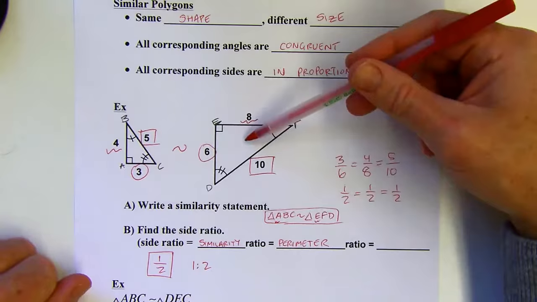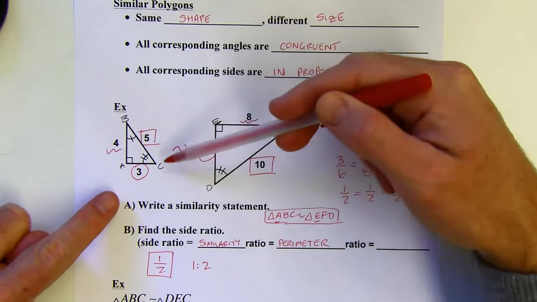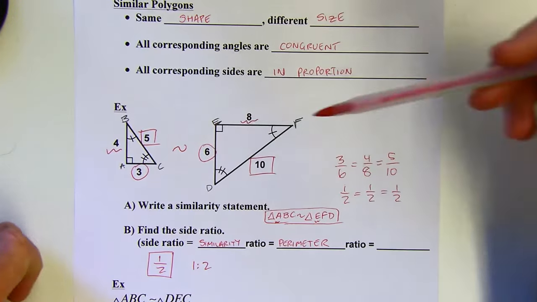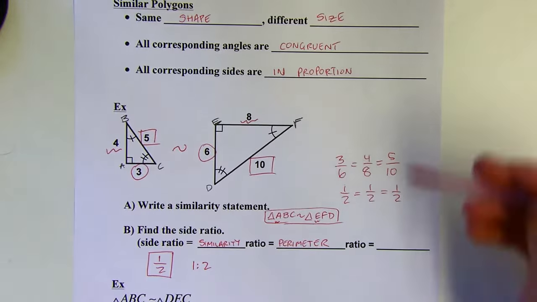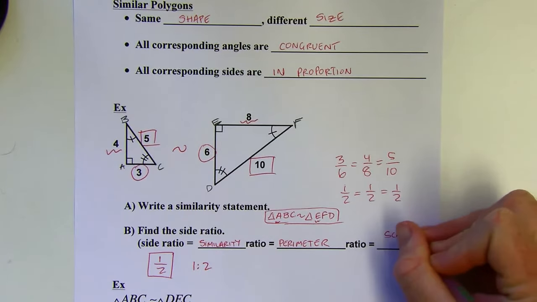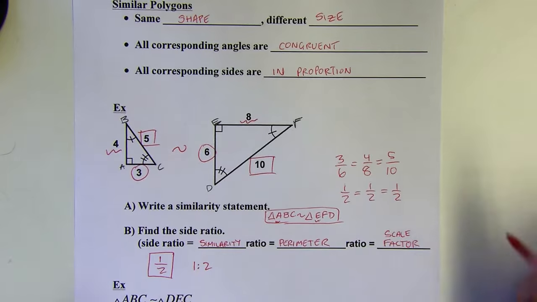This triangle is twice as large as that one, so that means the perimeter around the small one is going to be half the perimeter of the big one. So the perimeters are going to be in that same ratio. And this is sometimes also called the scale factor. The scale factor tells you how much bigger one of the similar figures is compared to the other one.